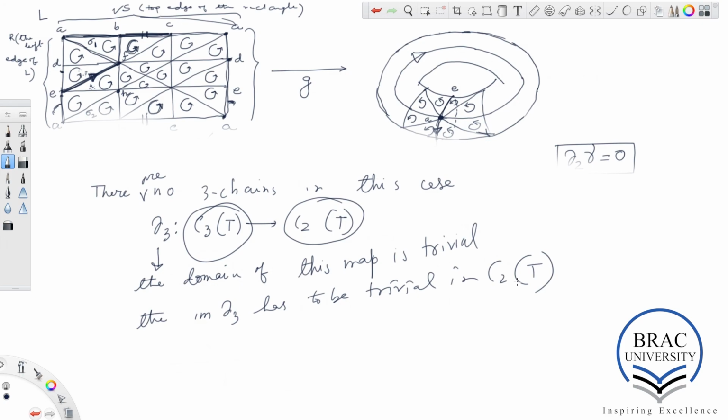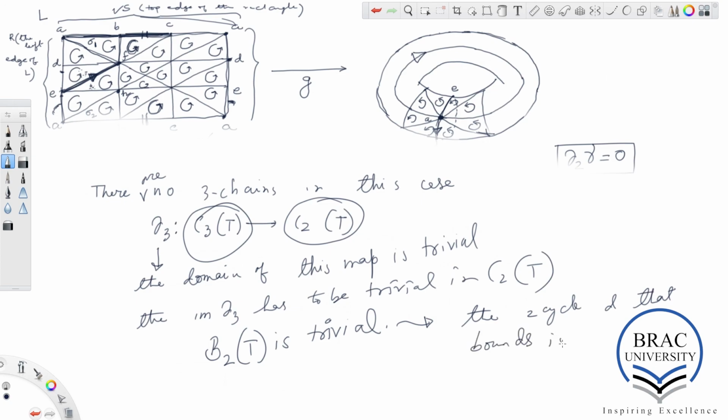The image of this boundary map is precisely B2 of T, right? B2 of T is trivial. What does that mean? It means that the 2 cycle D that bounds is just 0.